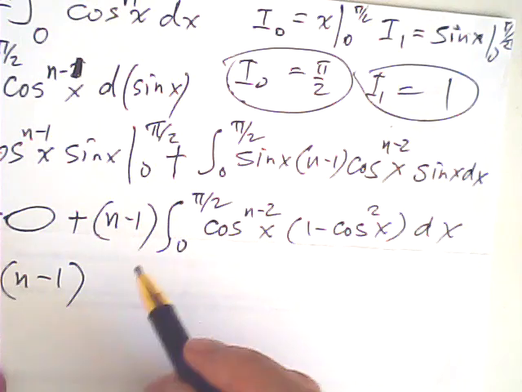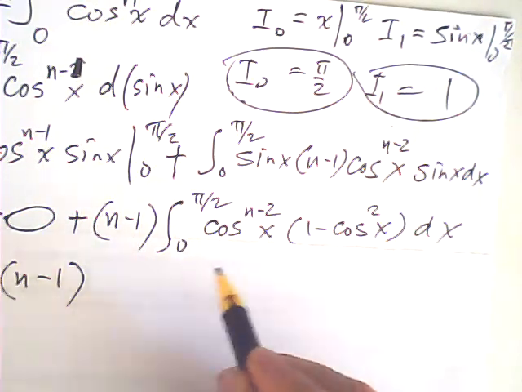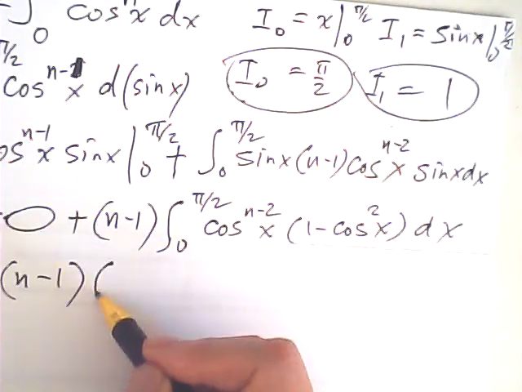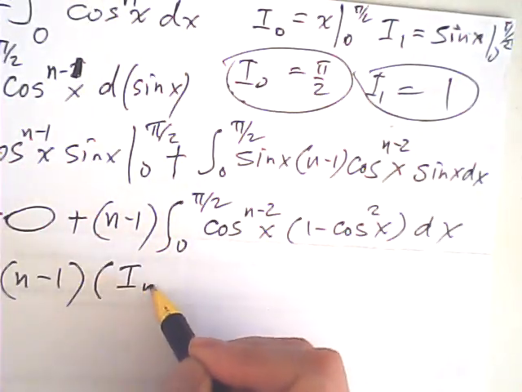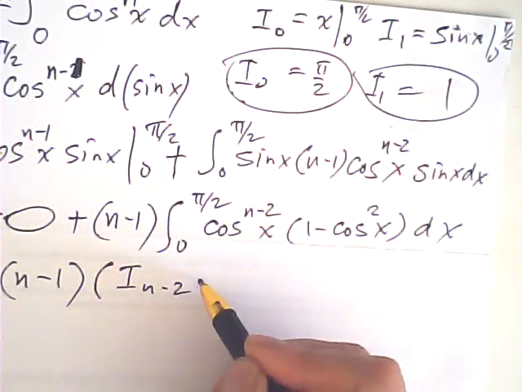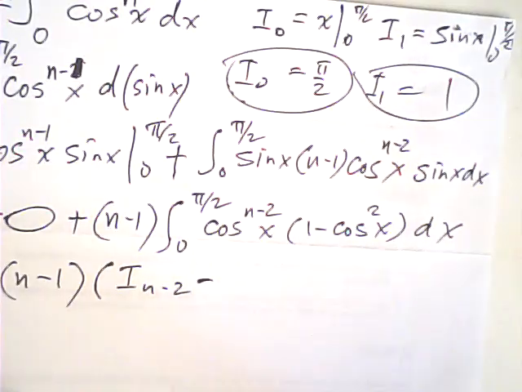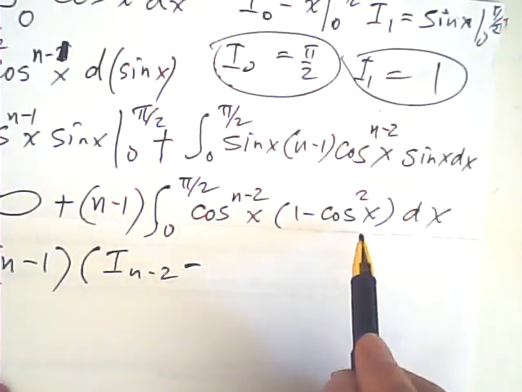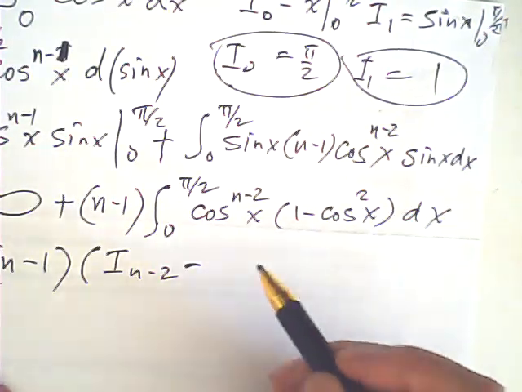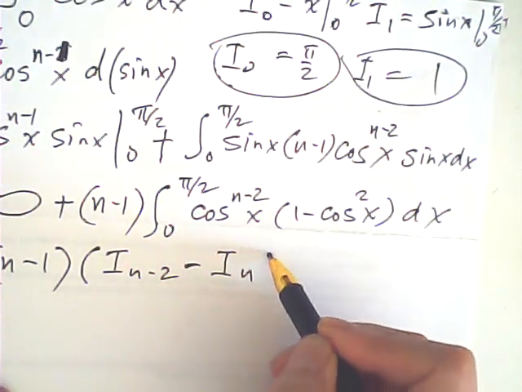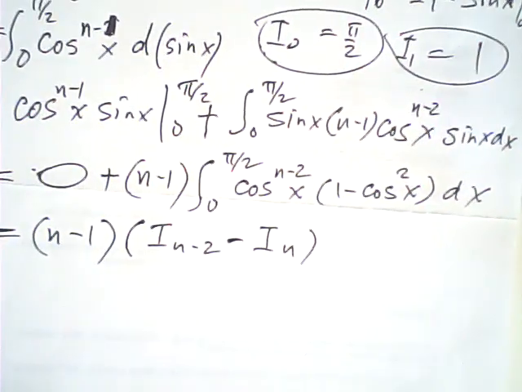This time this one is what? This one is I n minus 2, right? Minus this one times this one is cosine n. So this is I n.